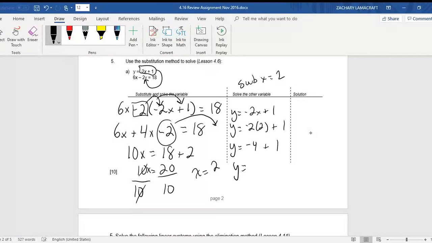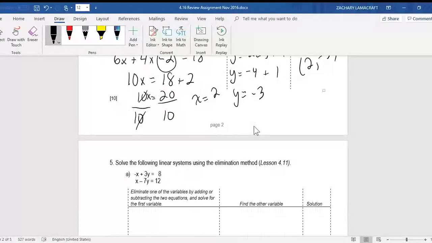And in this case, y being equal to -3, with our solution being 2, -3. Okay. Any questions about that, guys? Concerns, comments? Cool. All right. Moving on.